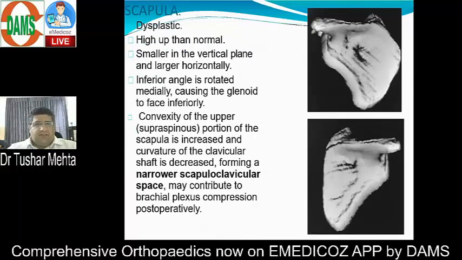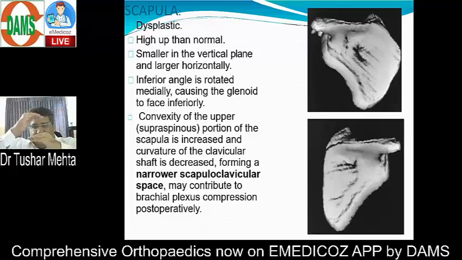What happens to the scapula? First of all, the shape is distorted. Do not think that the scapula will be just a high-riding bone without any change in the shape. No, ऐसा नहीं होगा. The scapula will be high-riding, but apart from that, the shape will be dysplastic. I'll tell you how it will be dysplastic. First of all, it will be higher than the usual level. The second thing I want you to understand is that it will be smaller in the vertical plane and larger horizontally. आप समझ रहे हैं?